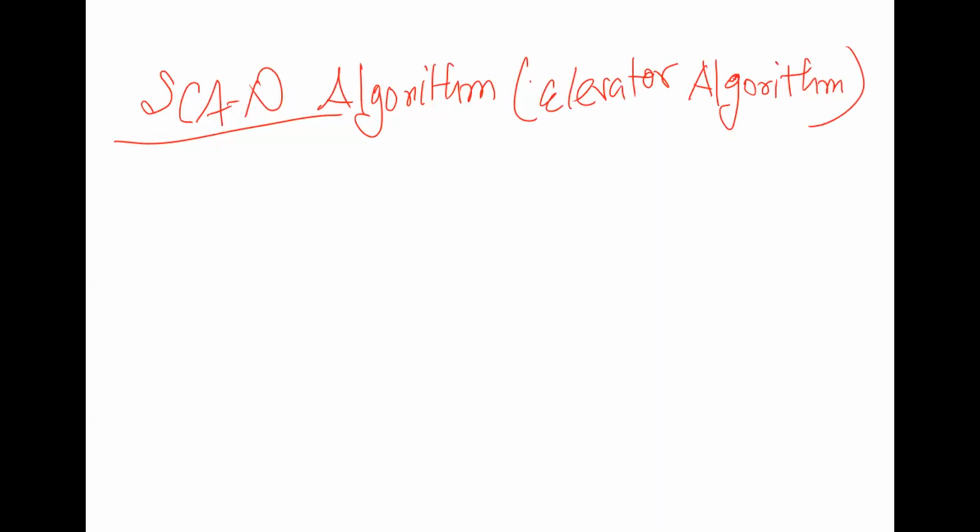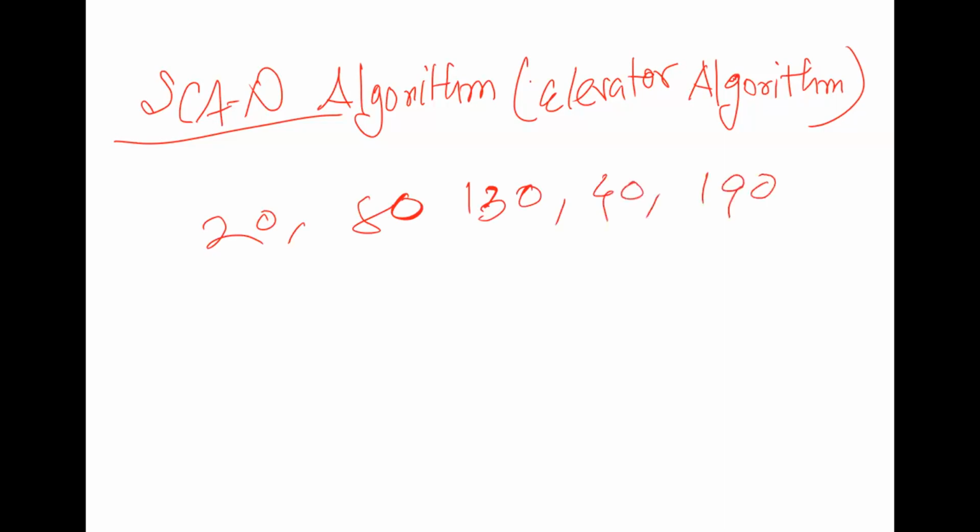Now let's see how it actually works, how it looks and how it works. Scan algorithm, how it works. Now let's say you have got requests from, let's say 20, then 80, then let's say 130, then let's say 40, and then let's say 190.